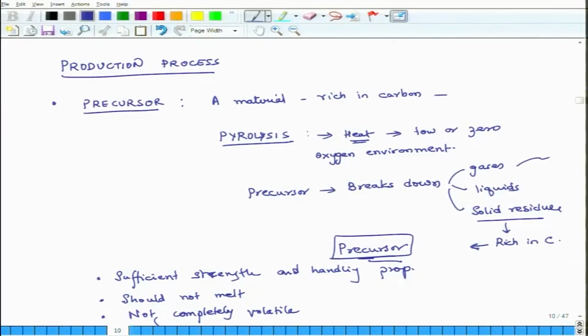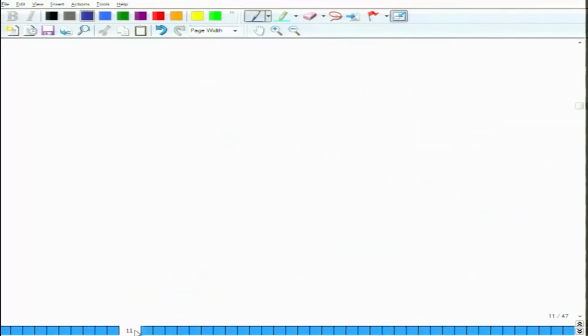If it is completely volatile, then you may not end up with a lot of carbon. This is important also, that carbon atoms should self-align in the graphite structure.